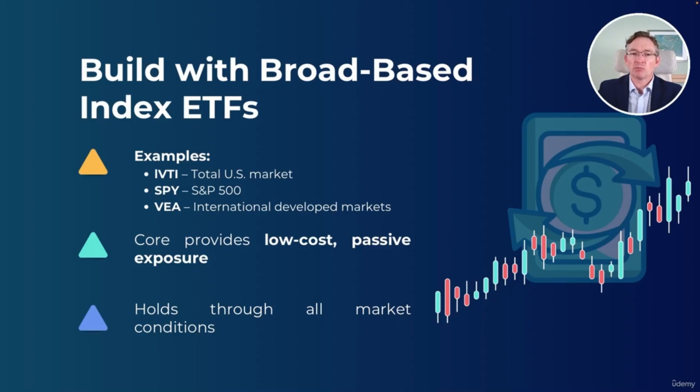And here are some of the popular ETFs to consider. The VTI gives you the entire US stock market access from large caps to small caps. The SPY tracks the S&P 500, providing exposure to the largest 500 US companies. And VEA covers international developed markets, helping you to diversify beyond the US altogether.